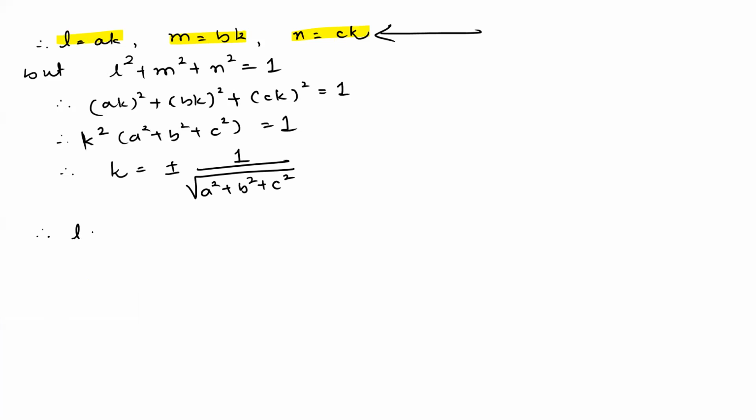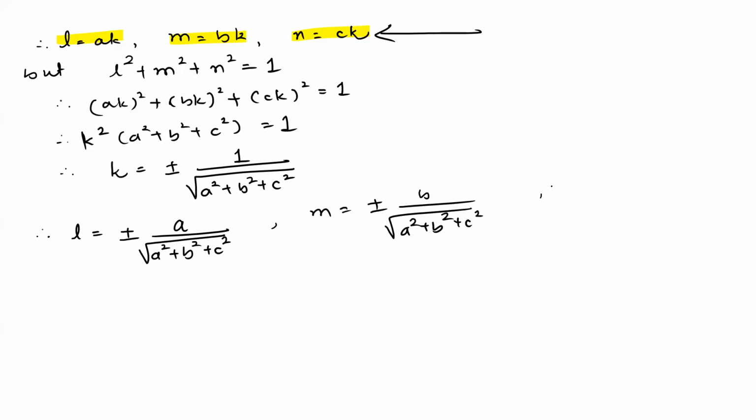L is equal to plus or minus A into K, that means 1 by under root of A square plus B square plus C square. Then M is equal to plus or minus B by under root of A square plus B square plus C square. And N is equal to plus or minus C by under root of A square plus B square plus C square. So this was very important.